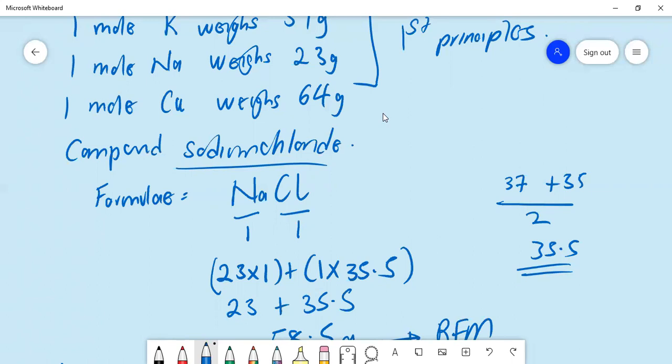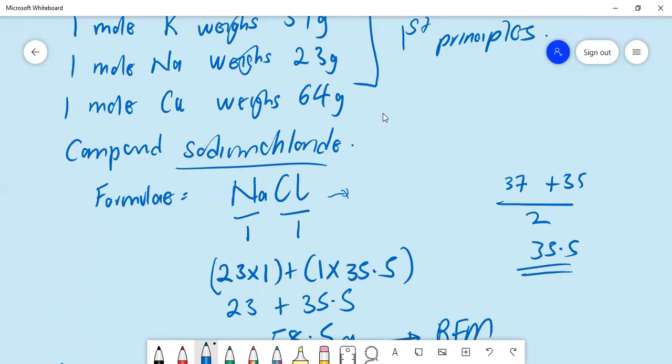But we saw from the masses up there that sodium has 23 times 1. Chlorine has 35.5. We say that chlorine, we get it from its isotopes. Chlorine has isotopes of 35 and 37. So the average of them will give us 35.5.